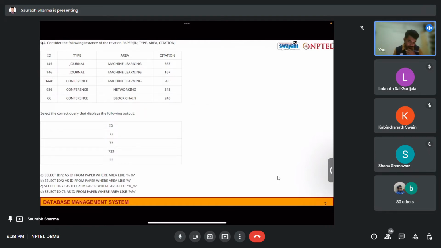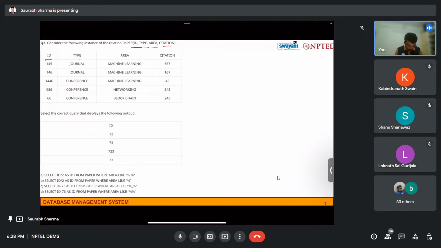For this question, we are given this instance of the relation paper, with ID, type, area, and citations. We have to provide a correct query which displays this output. So we have to retrieve ID and perform some operation on it that generates this output.